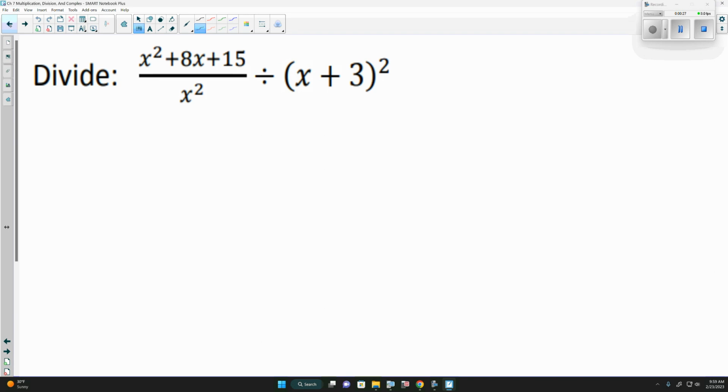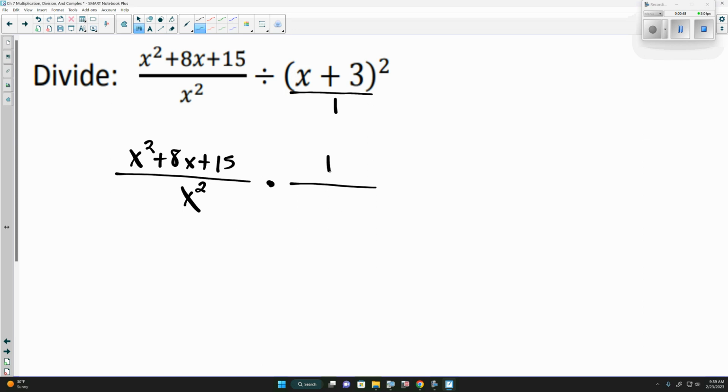Now, here, the x plus 3 squared denominator is understood to be 1. Before we factor or do anything else, we do need to change it from division to multiplication. Because we keep the first one the same. We change it from division to multiplication and flip the second term.